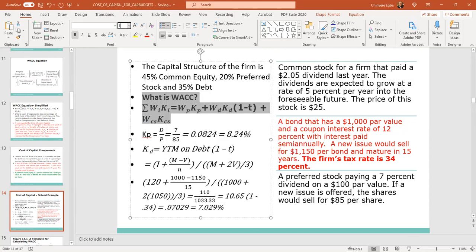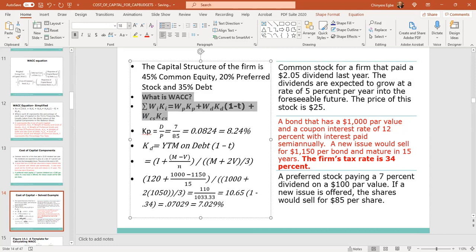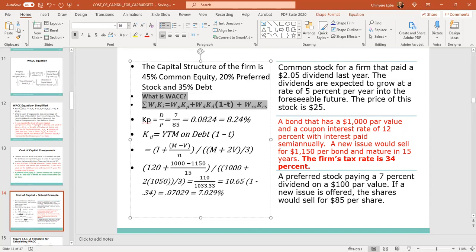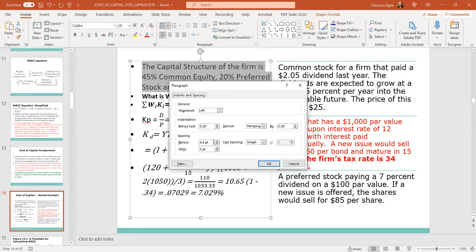All right, so we might be able to squeeze it in there. See if we can squeeze more space out. Yes, we can.